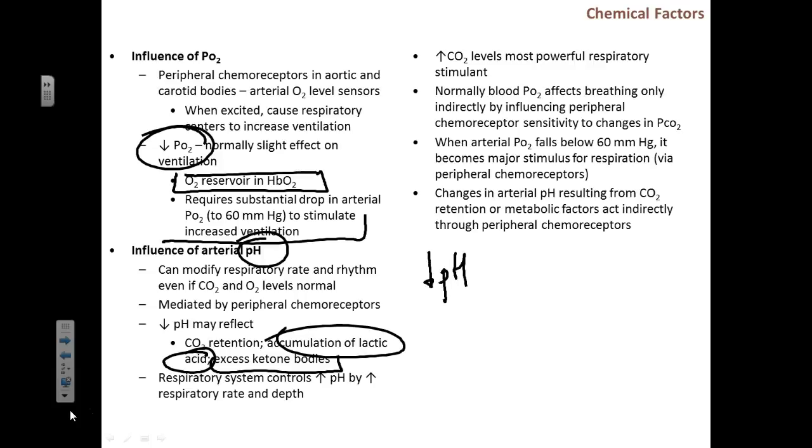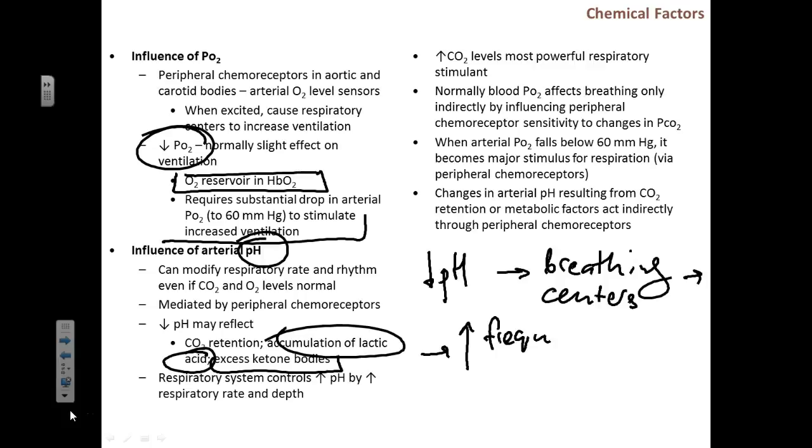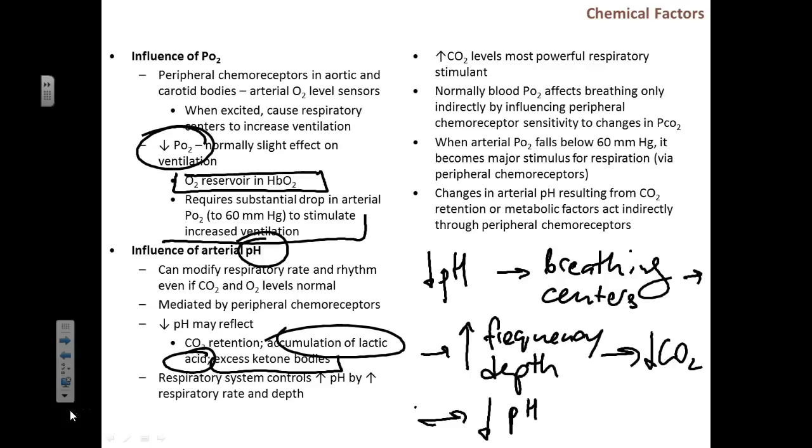Dropping pH of the blood, I should say respiratory, but let's stick with breathing centers. Increased frequency and depth of breathing. Ideally, lower CO2, lower pH. Does that make sense?